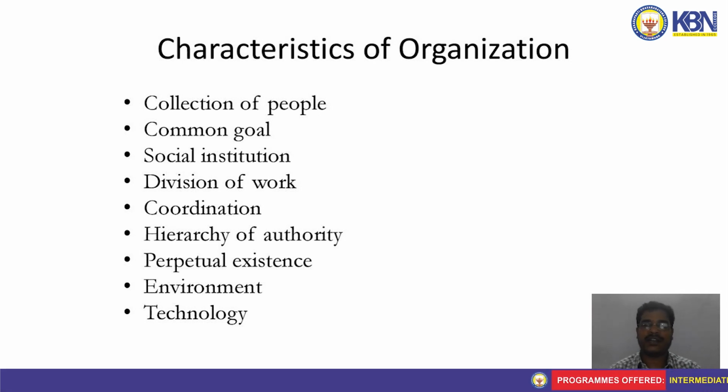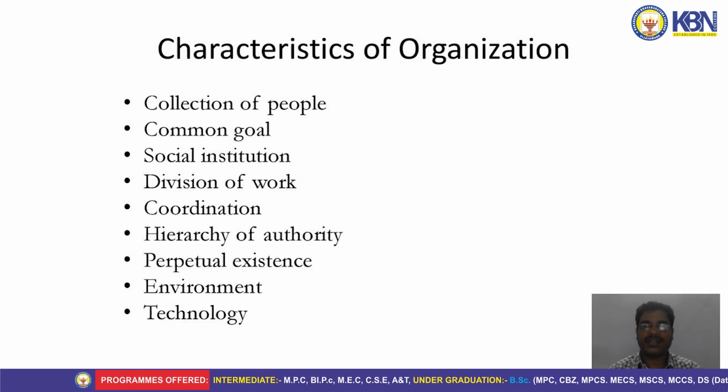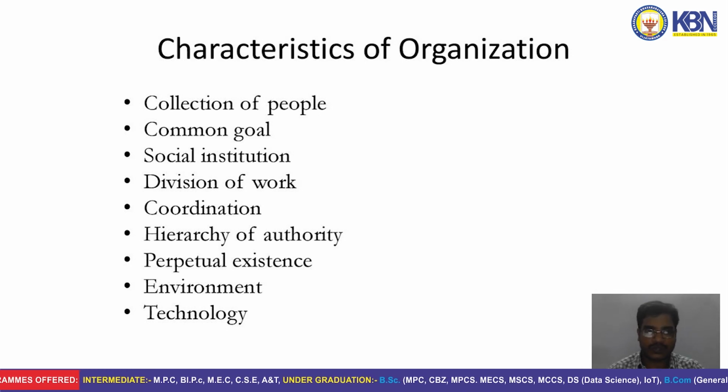So in every organization coordination is also one of the characteristic features which should be applied at different levels. And moreover in the organization we can find some authority as well as the relationships between the two different authorities also. And perpetual existence is also one of the greatest characteristic features of organization.